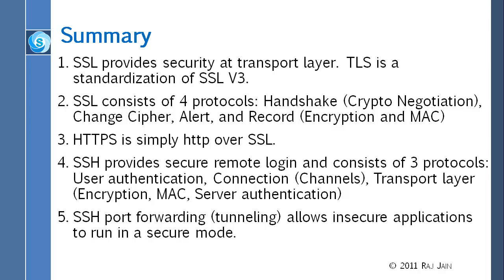Then we talk about SSH, and SSH provides remote login, and again instead of 4, it consists of 3 protocols: authentication, which is very similar to the handshake, connection, and the transport. Transport is like record, and the connection is used to set up channels, for which there is no equivalent here. But basically, you can have many channels in a single SSH connection, and then some of these channels can be used for tunneling, where tunneling is the port forwarding.